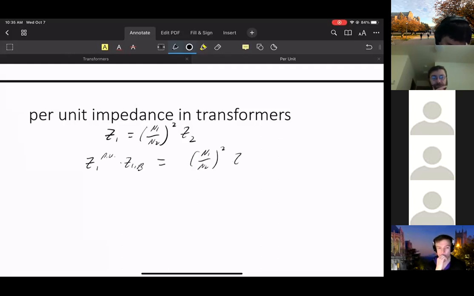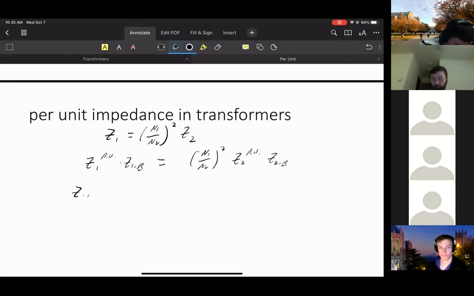This is just expanding Z1 and Z2 from SI terms into per unit terms. Remember, we said that once we have chosen the voltage and the power base units, we cannot choose the impedance base units arbitrarily.